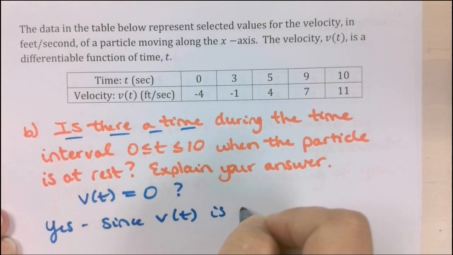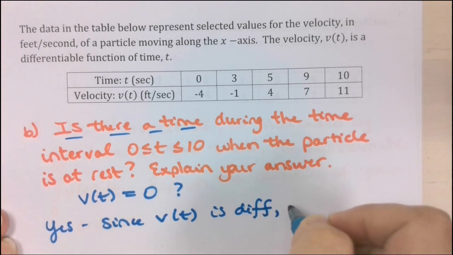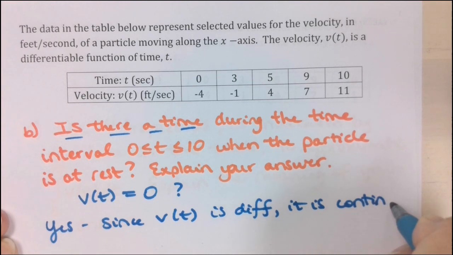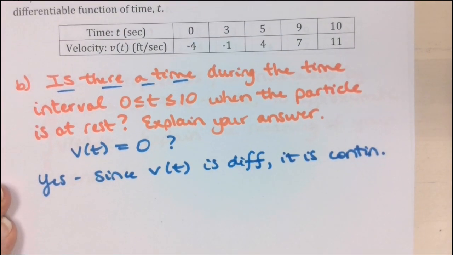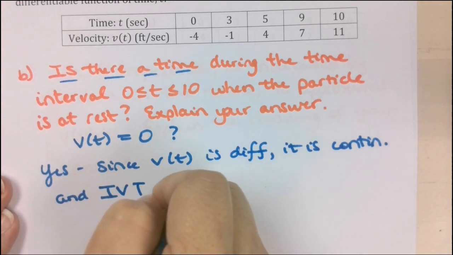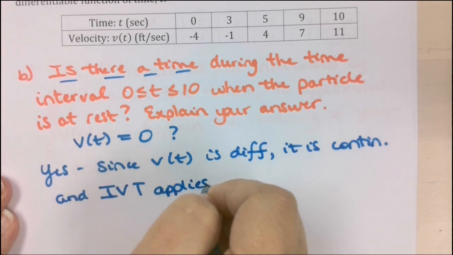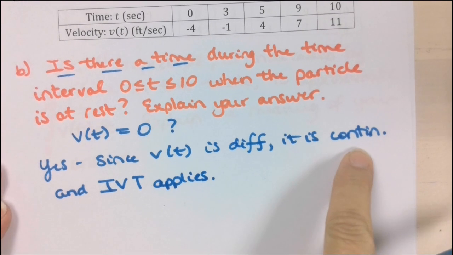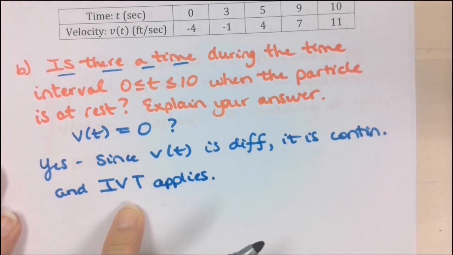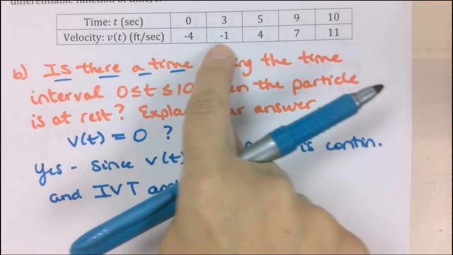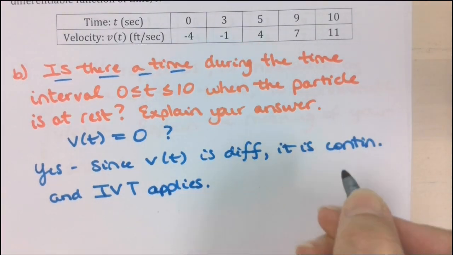Since v of t is differentiable, it is continuous, and IVT applies. It's always best to start out stating the condition that it has to be continuous and naming the theorem that we're using, which is intermediate value theorem, because 0 is in between -1 and 4.